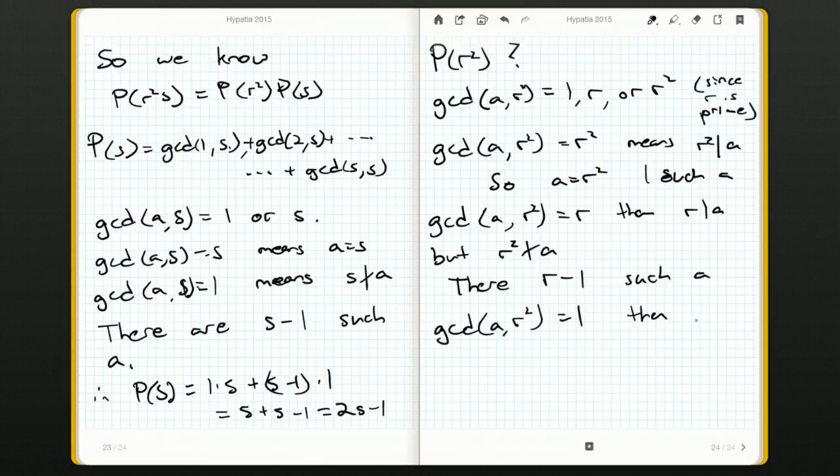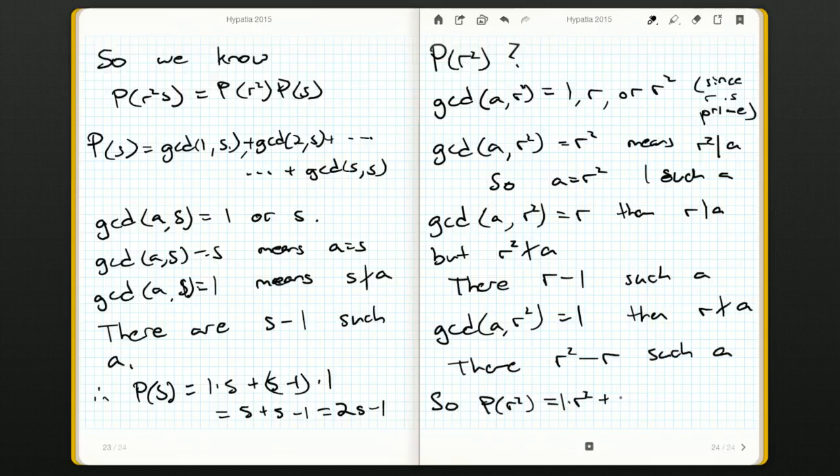Another way of saying that is r does not divide a, and there are r squared minus r such a.